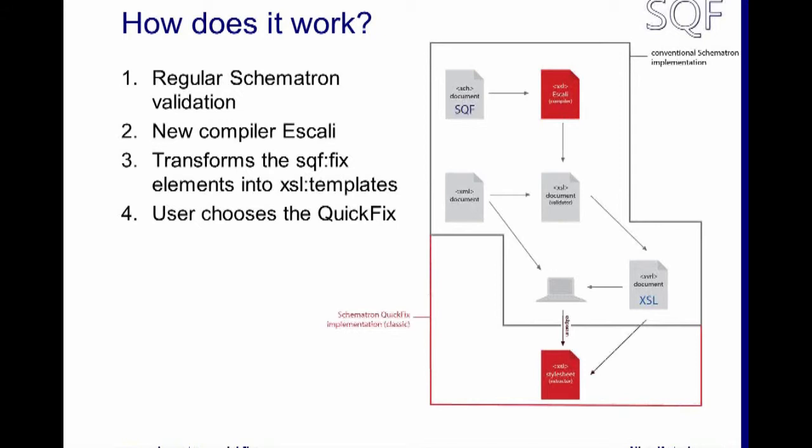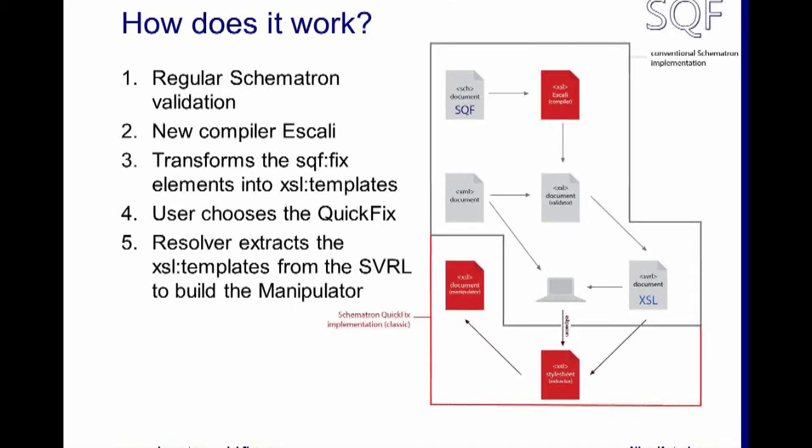That's the point where the user has to choose the right quick fix, and there is just another new style sheet. I called it the extractor, to extract the XSLT templates, but just of the quick fix the user has chosen.